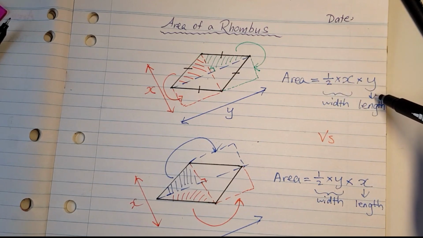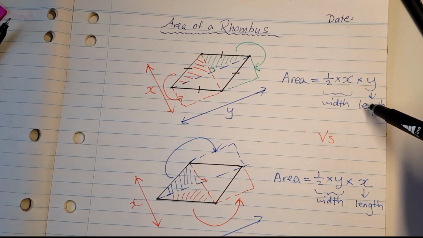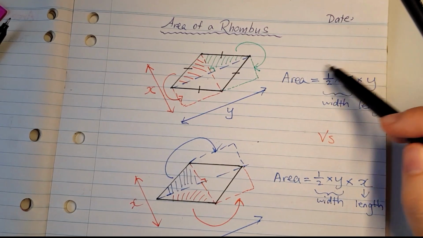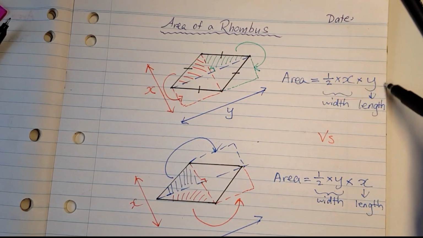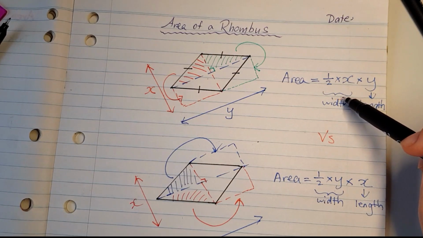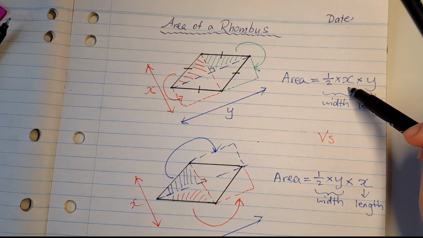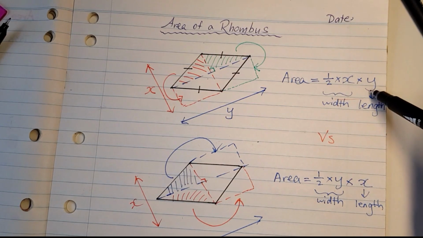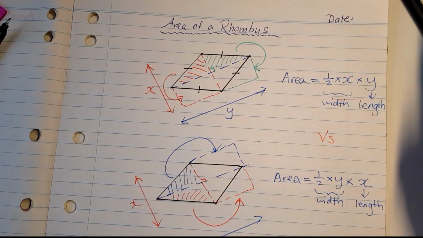So when you look at a picture of a rhombus, just take down what the two diagonals are, multiply them together along with half, and you should get your answer. Don't worry so much as to assign which one X is and which one Y is, because it doesn't really matter when it comes down to finding the answer.